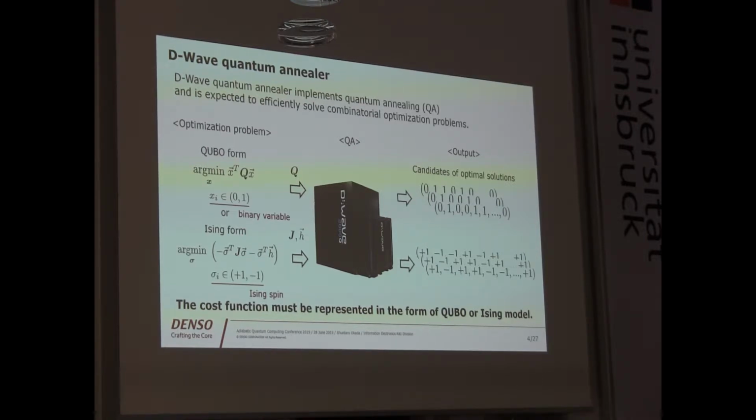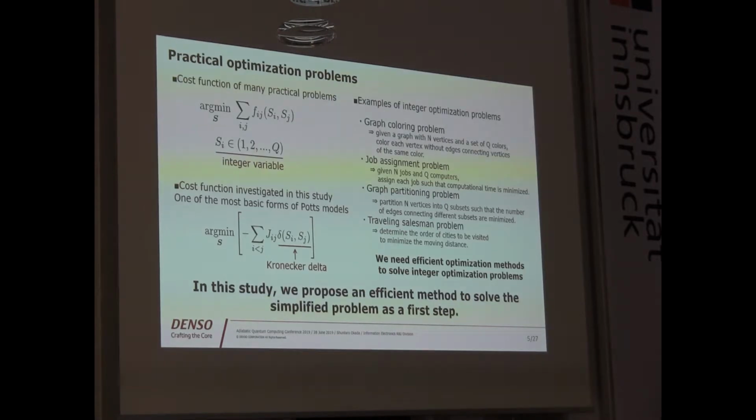Inputs to the annealer are the Q matrix or the J matrix and H vector, and it outputs candidates of optimal solutions. However, cost functions of many practical problems are defined by integer variables. The general form of the integer optimization problem is shown here, where Si is the integer variable.